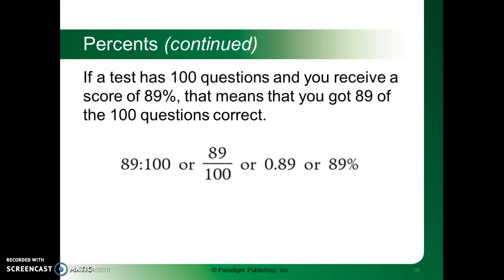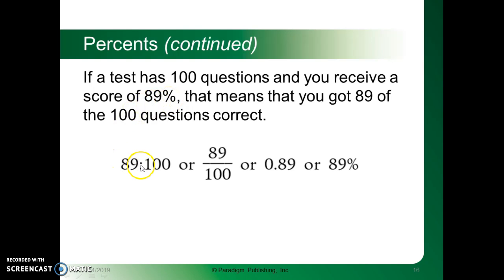So if you have an exam with 100 questions and you receive an 89% in that exam, that means that you got 89 questions out of the 100 correct. So again, how would you write 89% as a ratio, fraction, and decimal? Remember, 89% means per 100.